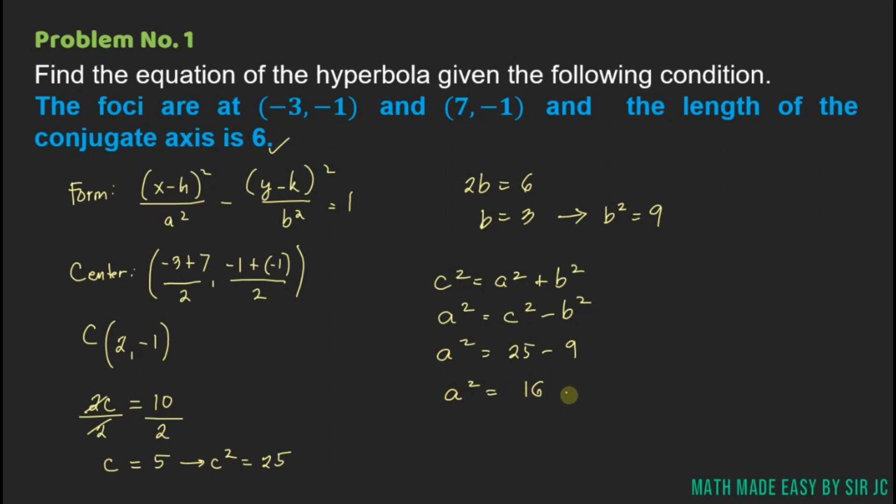Since we already have the values of a² and b², as well as the center, we can now determine the equation. So therefore, the equation of the given hyperbola is: our h coordinate is 2, so (x - 2)² over a², so 16, minus (y - k)², and our k is -1, so minus negative becomes plus 1, squared over b², 9, equals 1.